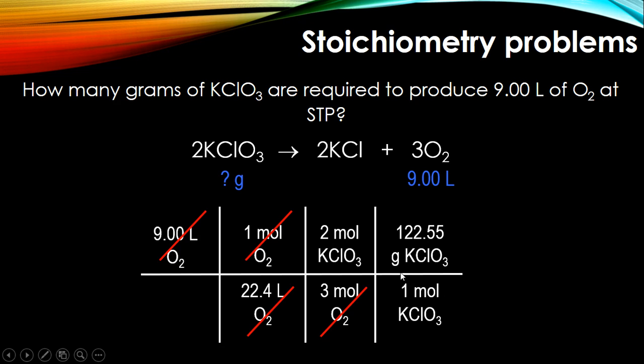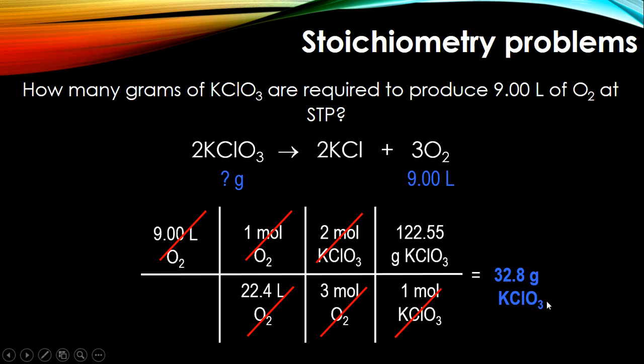All right, so this is a different kind of way of writing the molar mass, where I have the grams up top, and then the per 1 mole goes on the bottom. And that allows me to cancel out my moles of potassium chlorate. I multiply across the top, get a number, multiply across the bottom, get a number, and then divide.